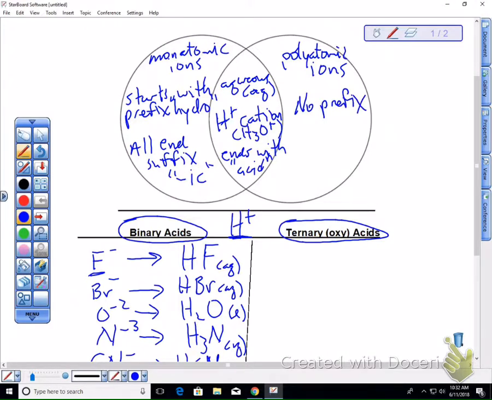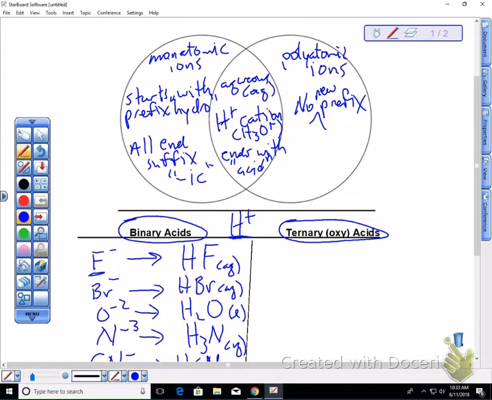No new prefix. If the polyatomic already has a prefix such as per, as in perchlorate, or hypo, or even thio, we're going to keep those. We're not going to do any changing to the prefixes that are already there. We're just not going to add a new one like hydro.